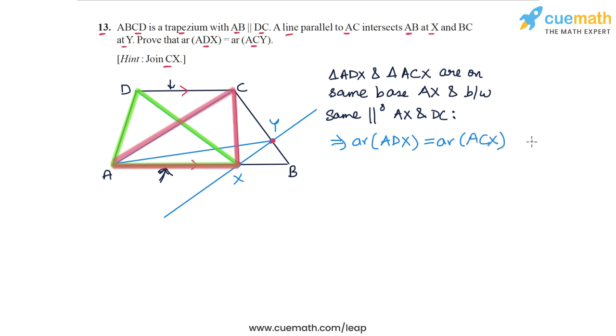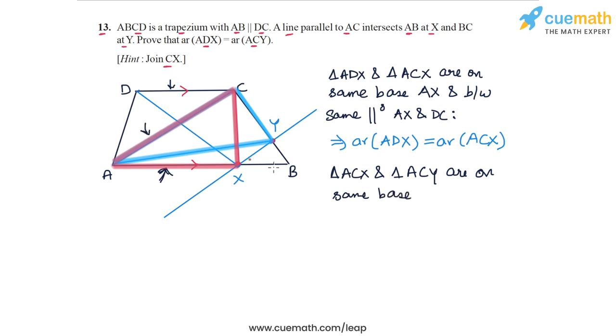Okay, now in the next step, we are going to compare the area of triangle ACX with that of triangle ACY. So in this step, we will write triangle ACX and triangle ACY. They are on the same base. What is the same base in this case? Observe the figure carefully. The same base in this case is AC.